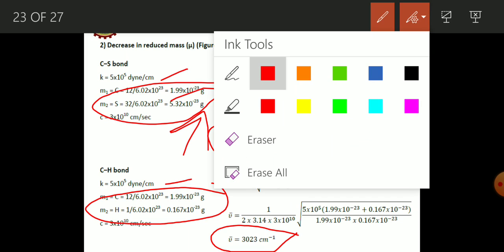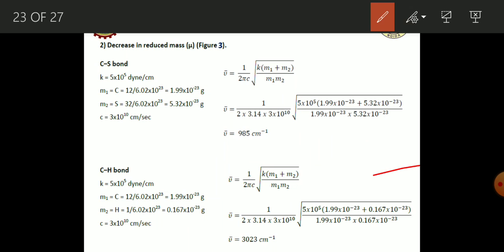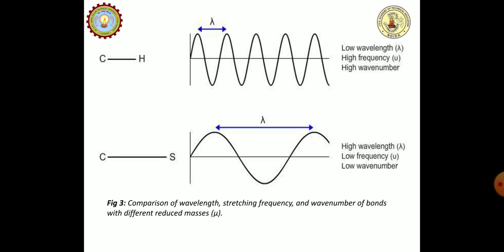Next, we'll compare these two. The CH diatomic molecule has less reduced mass, so lambda, the distance between two consecutive crest or trough, is very less.